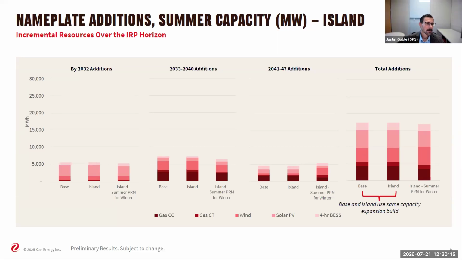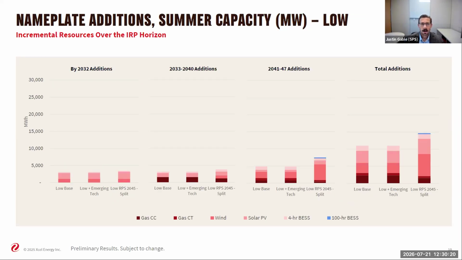All right. So jumping into the next slide, we have our low forecasts. And these scenarios were all performed based upon feedback from stakeholders. So we appreciate everybody's feedback and are happy to be able to provide this to you.